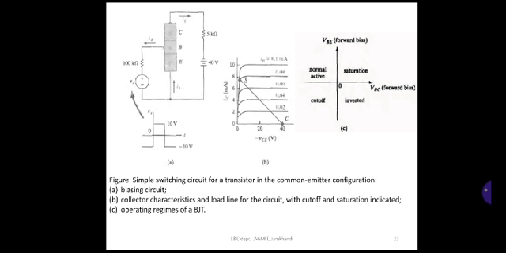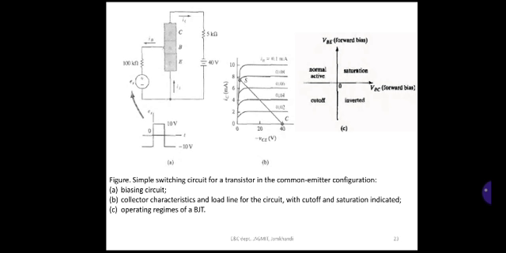The beginning of the saturation region corresponds to the loss of the reverse bias across the collector junction. Typically in a switching operation, the base current swings from positive to negative. Then it drives the device from saturation to cutoff, and vice versa.